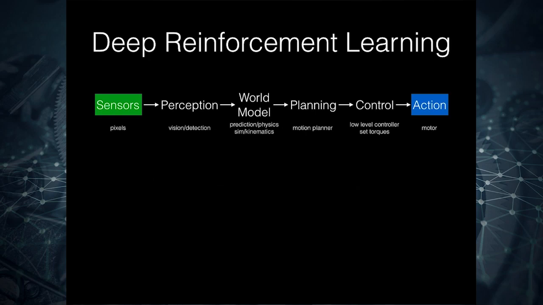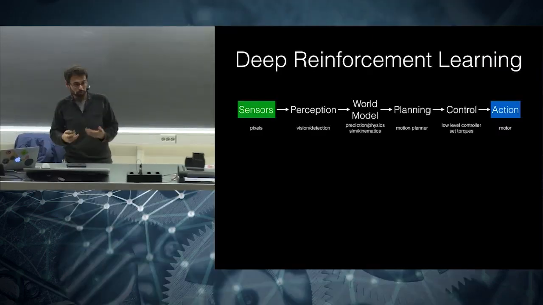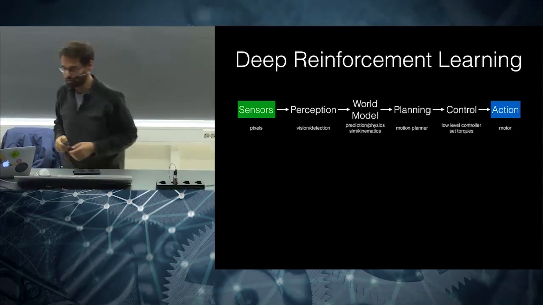You usually come with a perception module, which does some vision and detection, and you might be interested in planning a bit, so you need a world model. Now model the physics of the problem. And then you can use that model to do some planning. And once you do some planning and see maybe this is a better action than this one, then you can send that to the controller, which actually executes the actions in the wild.